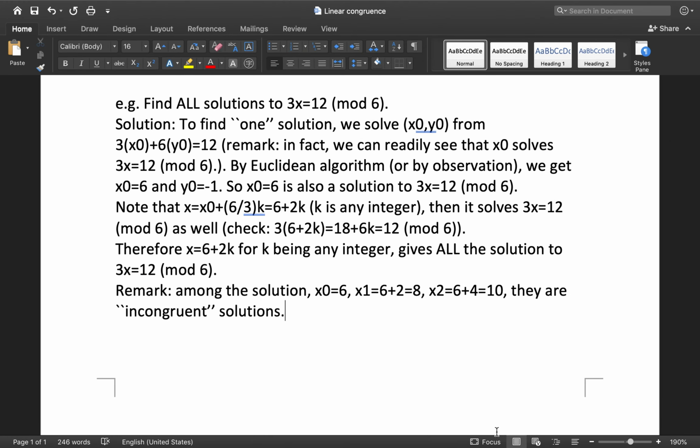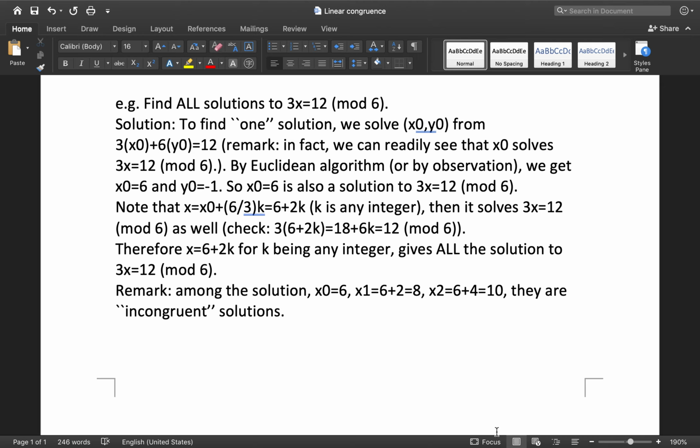So we're back to the chapter on linear congruence. Before, in the first part of the video, we just studied one particular example, 2x congruent to 12 modulo 6, and we know how to solve it. In particular, we also discussed there are some solutions which are not congruent, incongruent solutions.